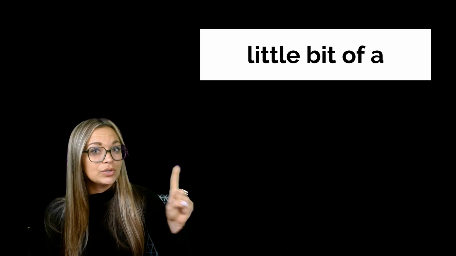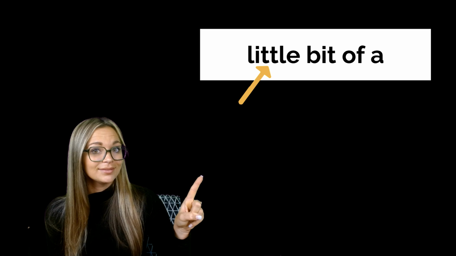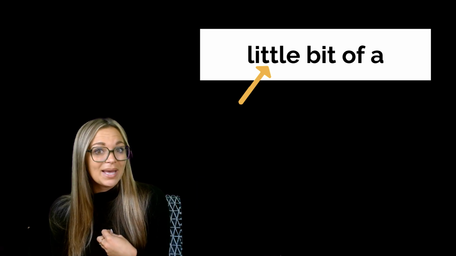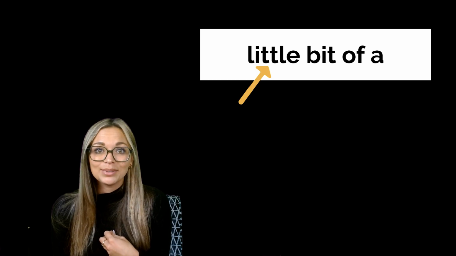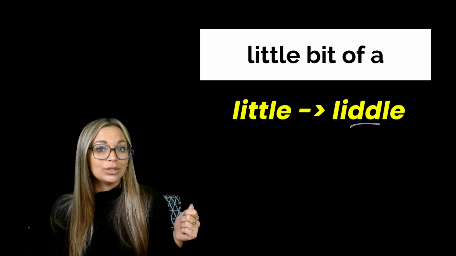I love pronunciation videos. They're my favorite. Woo! Let's go on to the next phrase, which is little bit of a. Those two T's where it looks like little. In American English, we pronounce them as a D. It's called a flap T. So instead, we say little, little.